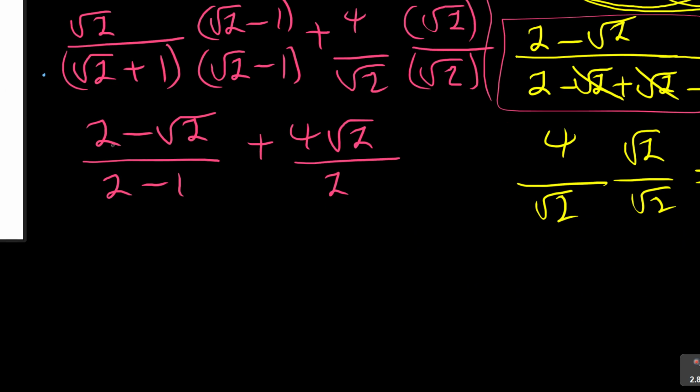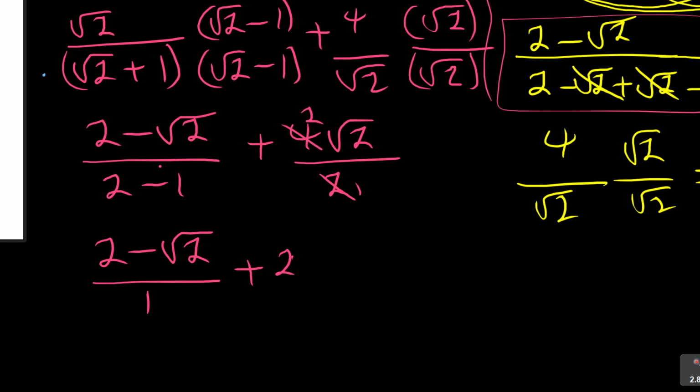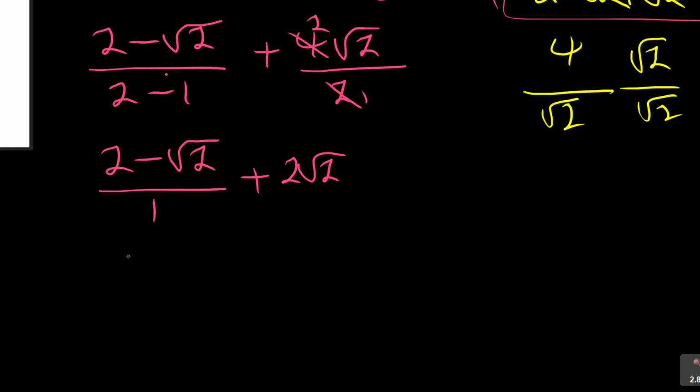Okay, then from there, this is 2 minus square root of 2. 2 minus 1 is 1. Plus, cancel that, 1, 2. Plus 2 root 2. So in actual fact, I have got this: 2 minus square root of 2 plus 2 root 2.